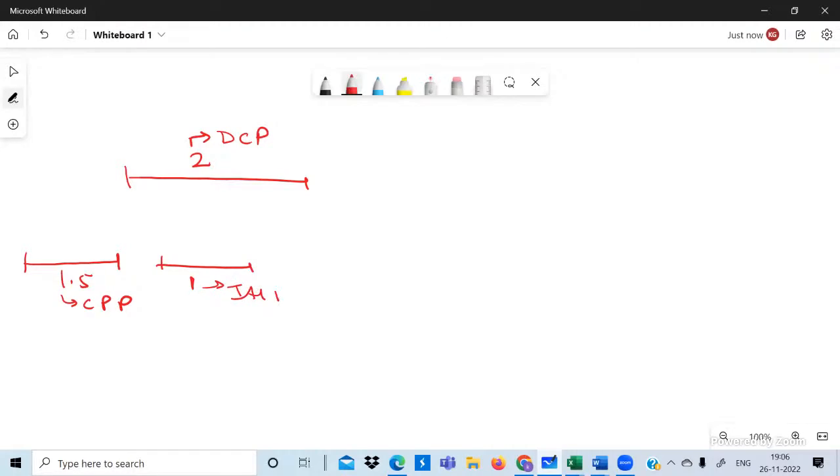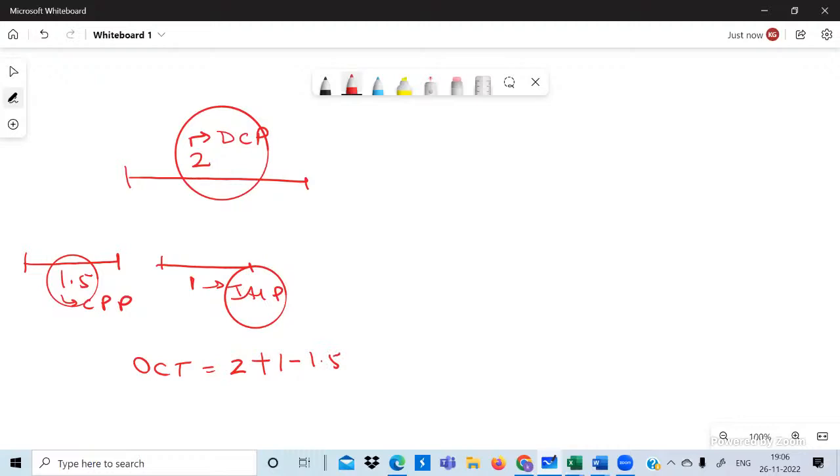So when I'm calculating my cash conversion cycle as a company, I'll take debtors collection period, I'll add the inventory holding period, and I'll reduce the creditors payment period. Which means my operating cycle time or the cash conversion cycle will be 2 months, which is debtors collection period, plus 1 month, which is inventory holding period, minus 1.5 month, which is creditors payment period.